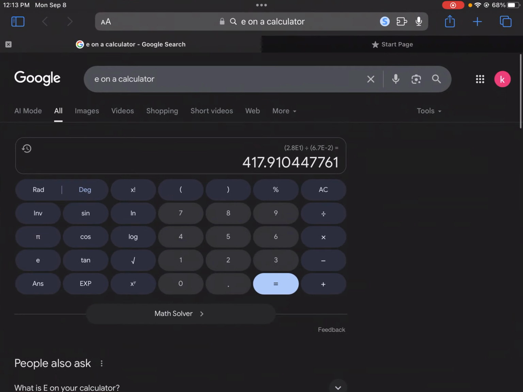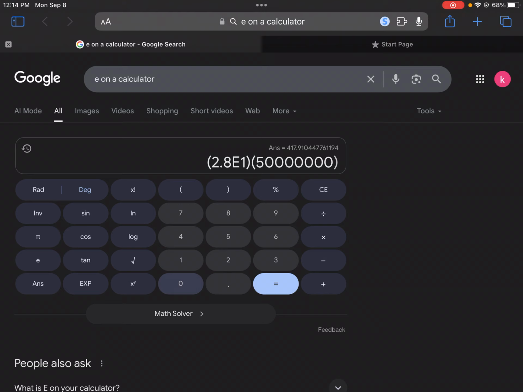Back to the calculator. You have 2.8, the measurement of a whale, times 10. I'm going to hit that E again, to the power of 1. And just for the sake of demonstration, yet again, I'm going to write the whole number 50 million in there. Okay? 50, 1, 2, 3. 50,000, 1, 2, 3.